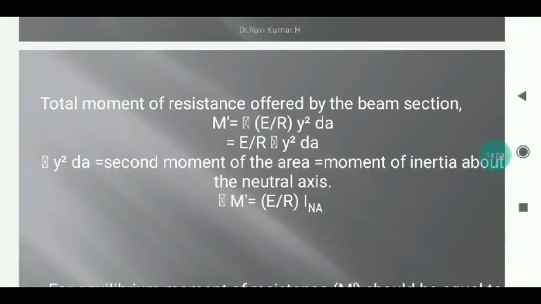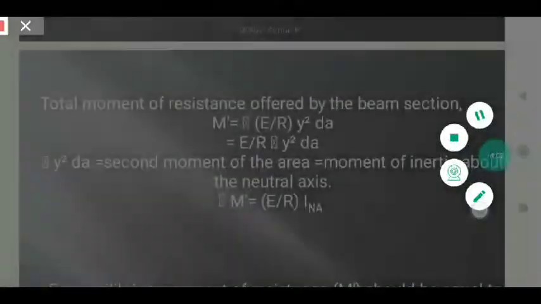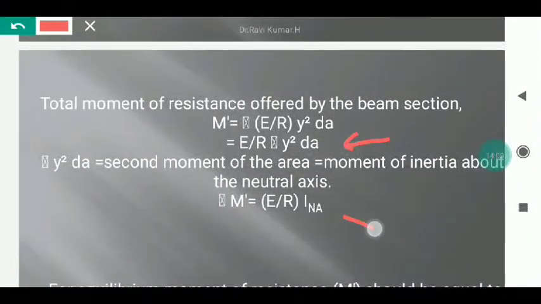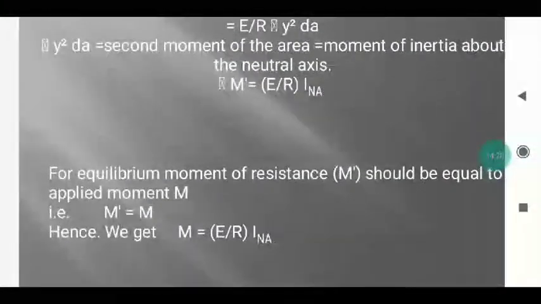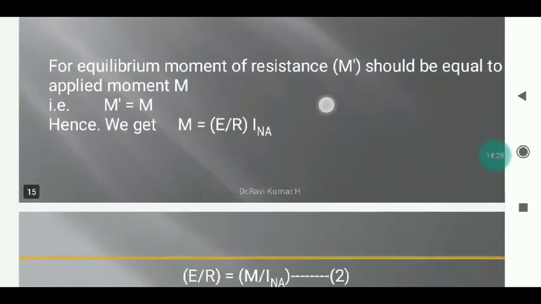Hence, substituting y squared dA equal to the moment of inertia, we get the equation M is equal to E by R into I, the moment of inertia with respect to the neutral axis. So finally, the equation M is equal to Young's modulus by radius of curvature into the moment of inertia.